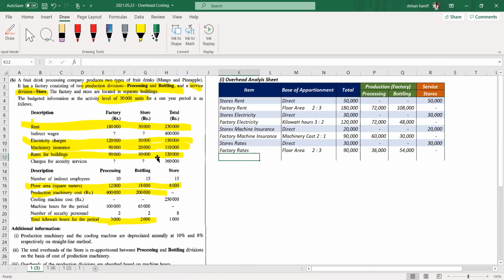Right. Now let's divide the indirect wages. There is a question. If we didn't recognize the base properly, then everything will go wrong. Yes, all the calculations will change.